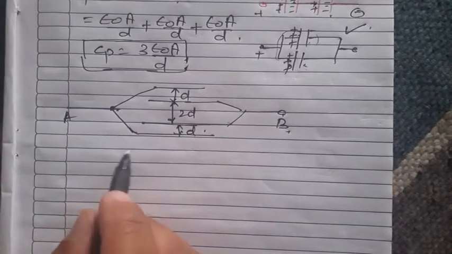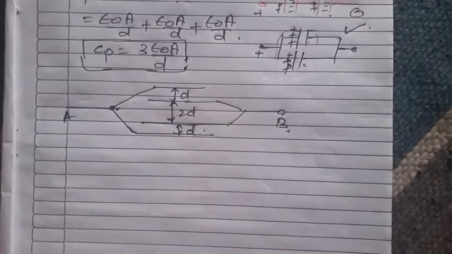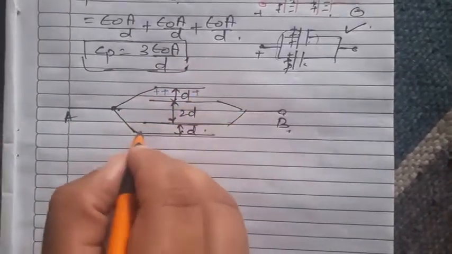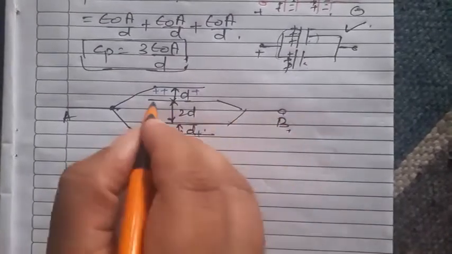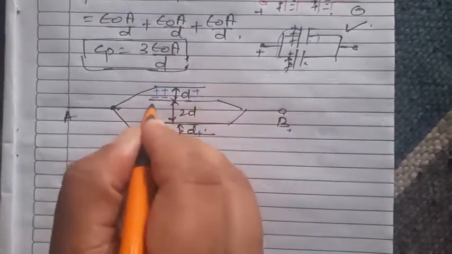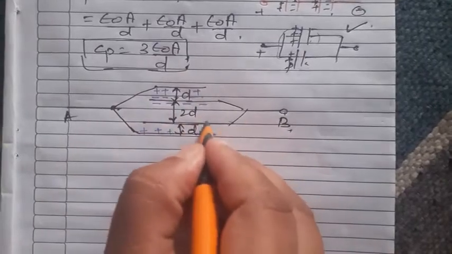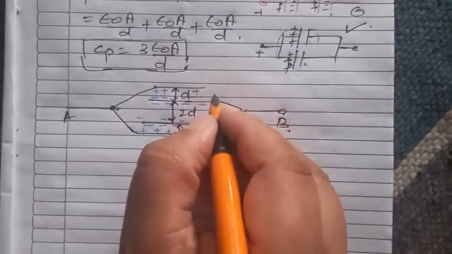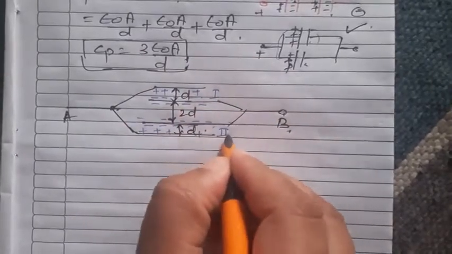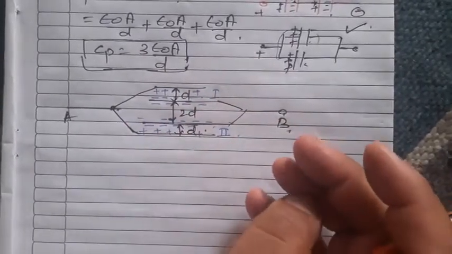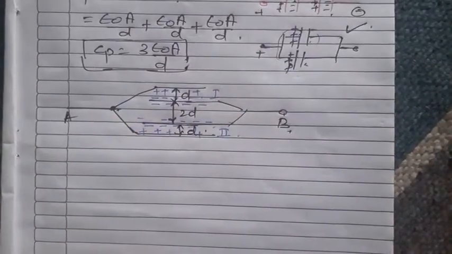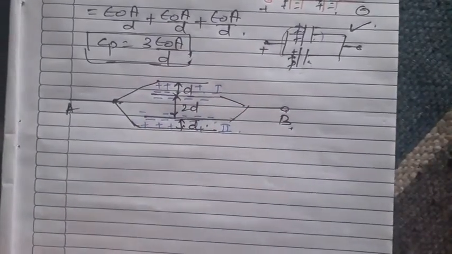I will give you just a hint: first connect positive across this, then positive will appear on this side, and if you give negative, then negative on this side, again negative, and again negative. It means instead of 3, there are only how many capacitors? 2 capacitors. This is the only hint given to you. The rest you will solve.